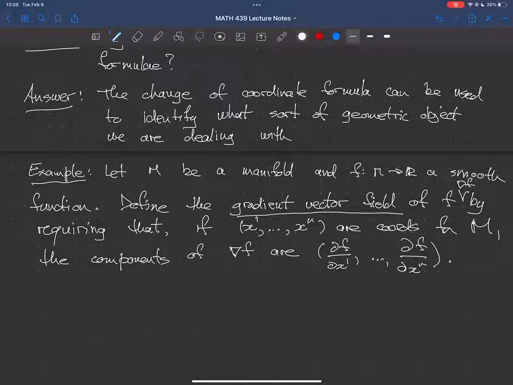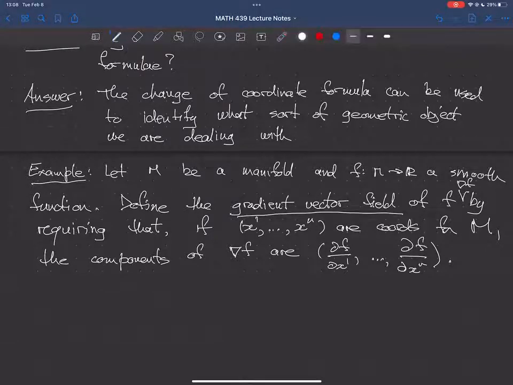What do I mean by that? Well, I'm telling you that I'm defining a vector field called the gradient vector field, and I'm defining it by telling you what it looks like in coordinates. So the question is, does this definition make sense?